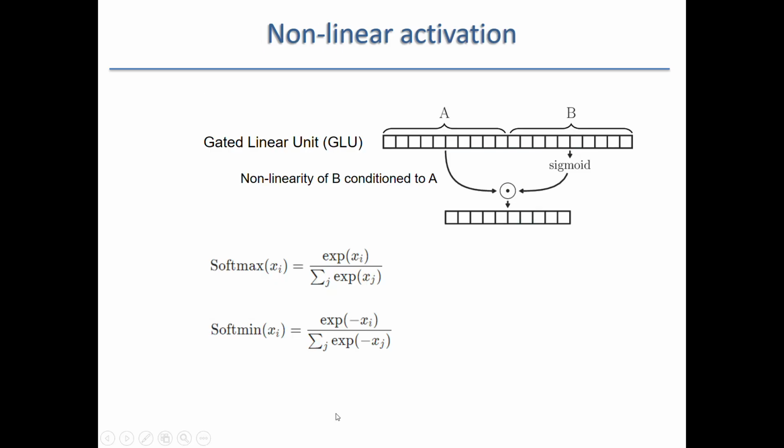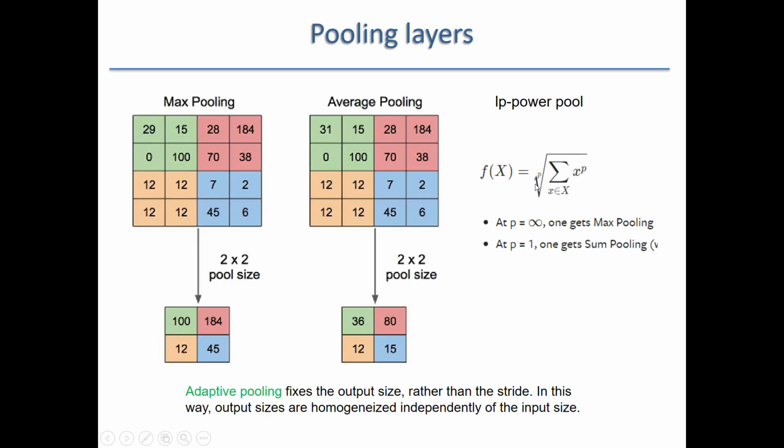More interesting ideas. You can also have this idea of gates, but now for the linear outputs, or for the nonlinear activation. So you can have a gated linear unit. So a gated linear unit is, I have a part that will go through a sigmoid.